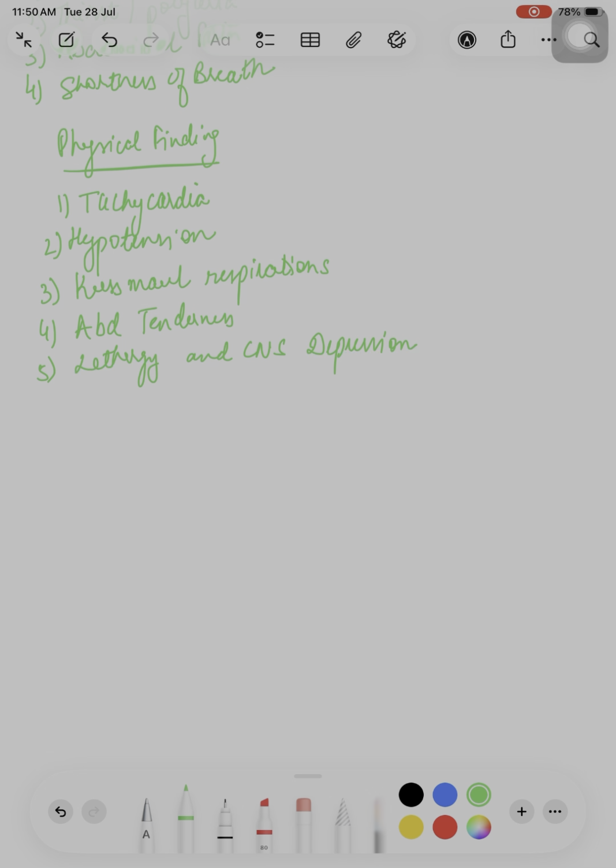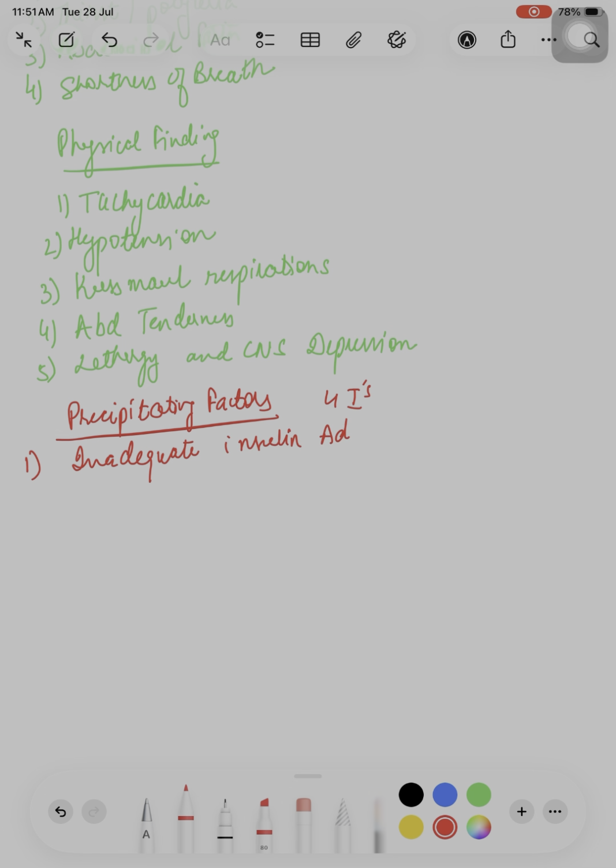Now we'll start with precipitating factors. What are the precipitating factors? You have to remember the 4 I's. First is inadequate insulin administration.